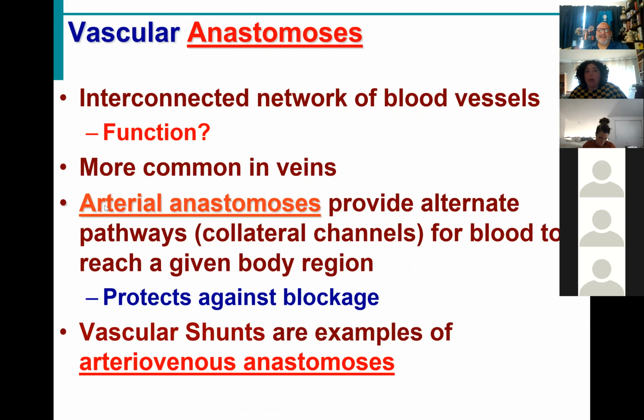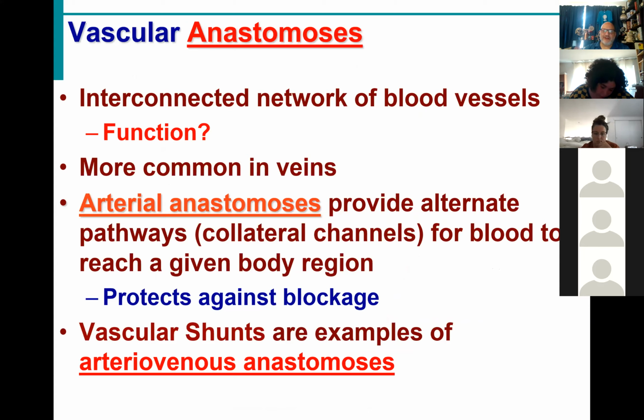All right, excellent. Lastly, there was one other anastomosis I referred to. Remember, I mentioned that vascular shunt where blood is always going from the artery to the vein. Well, technically, that is actually known as an arteriovenous anastomosis, an interconnected network that connects the artery to the vein.